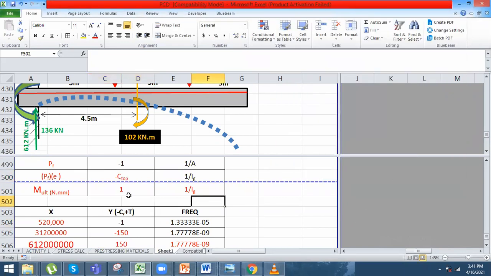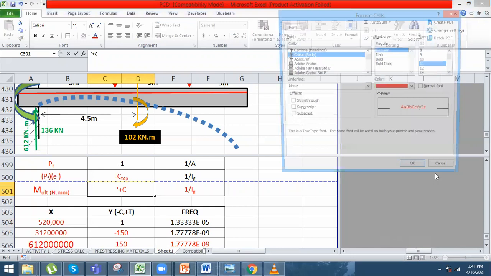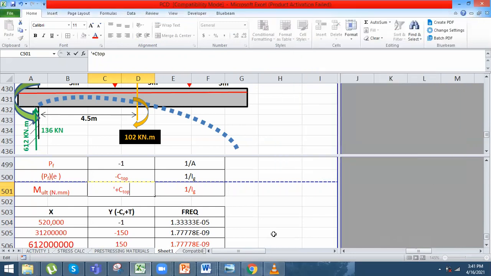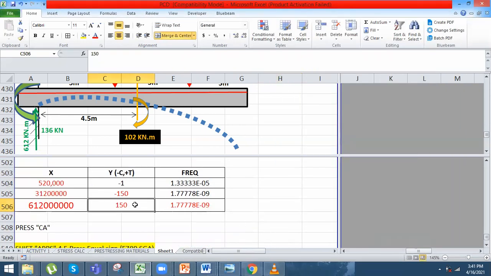Tapos ito naman is positive C top. Okay, that's why negative 150 tsaka positive 150. So ito P times the eccentricity. Kasi ito lang naman is yung moment natin na 612 kilonewton meter, which is 612 million newton millimeter.